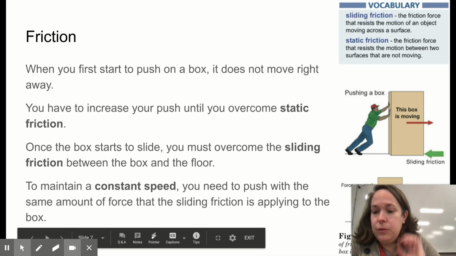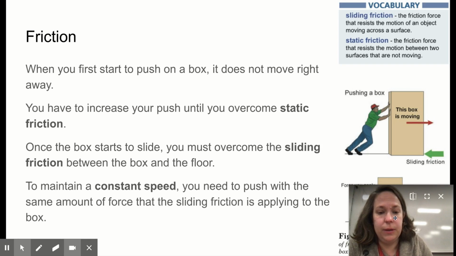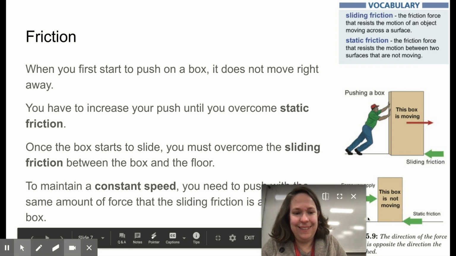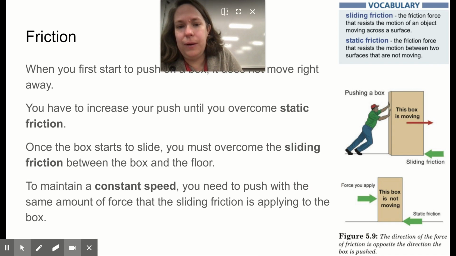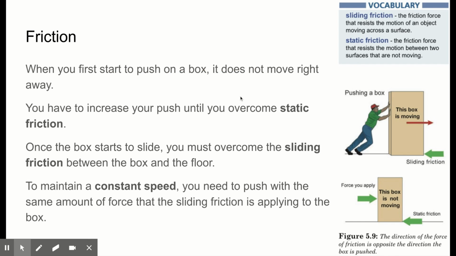So friction is one type of force that we will be dealing with quite a bit this year. There are different types of friction, like I said in the last slide. When you are first trying to push something and it doesn't move right away, that is something called static friction.